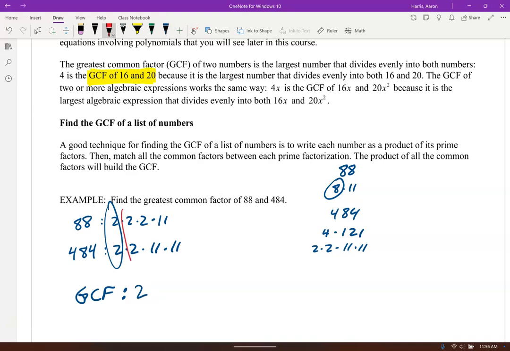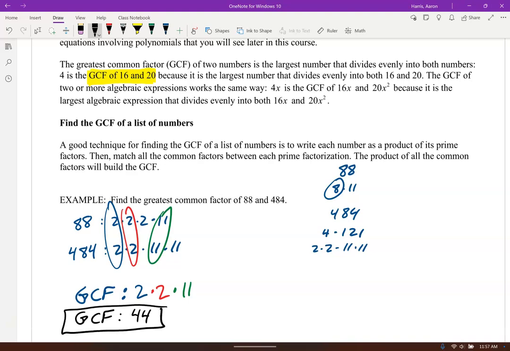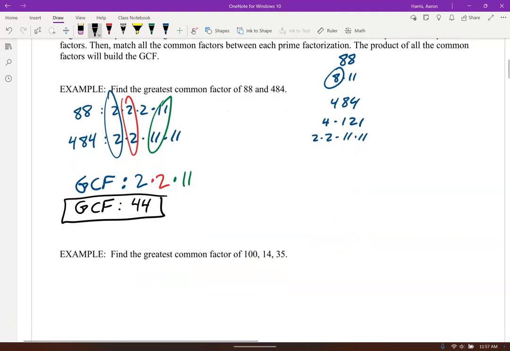They have another 2 in common. And they both have an 11 in common. So the greatest common factor is the product of their common factors: 2 times 2 times 11. 4 times 11 is 44. That's the greatest common factor of 88 and 484.